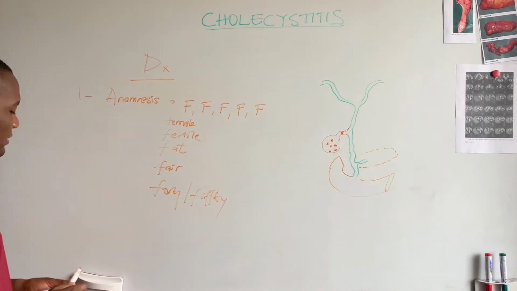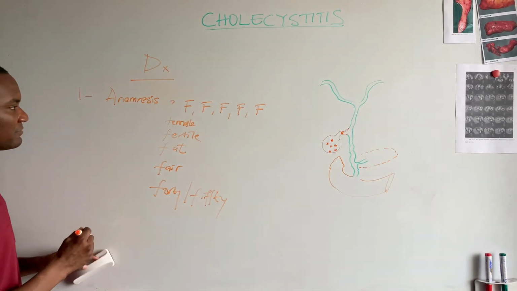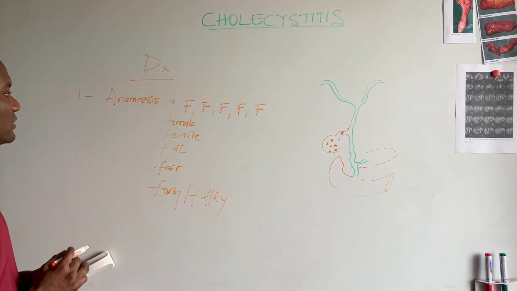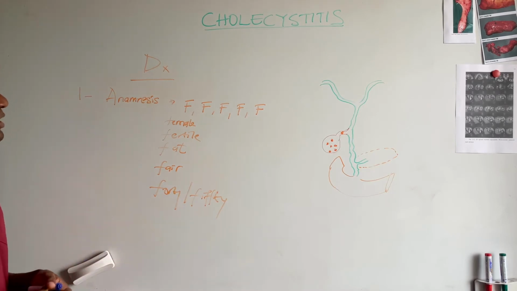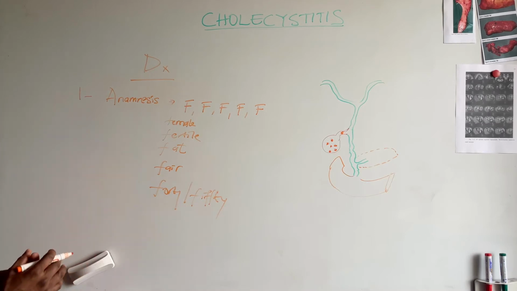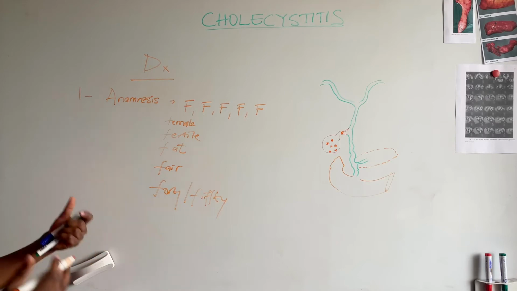Also, you have to ask this patient if they have lost weight abruptly. For example, if the patient is on some weight loss pills, or the patient had some surgeries like gastric bypass, thereby leading to an abrupt weight loss.